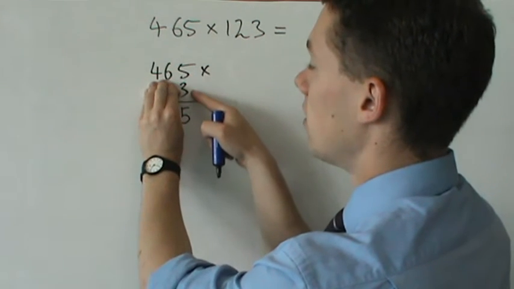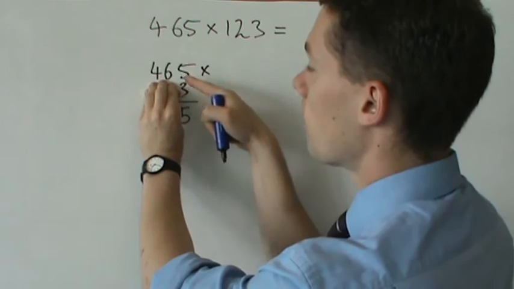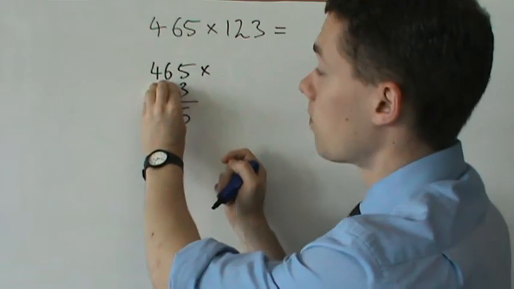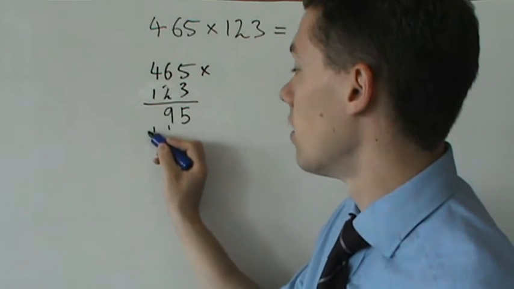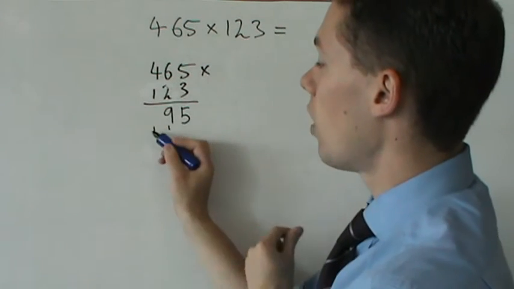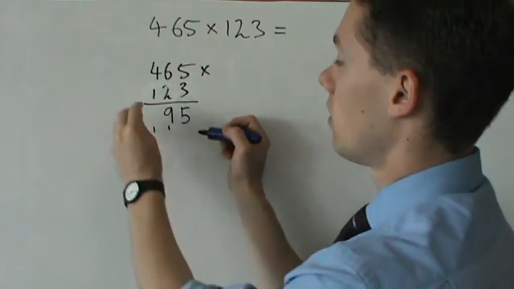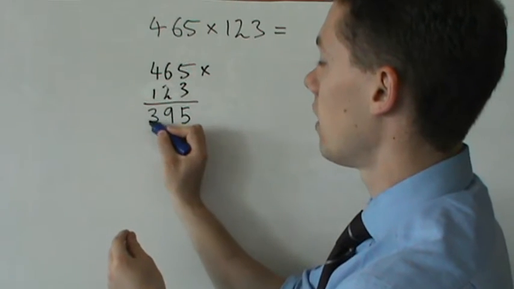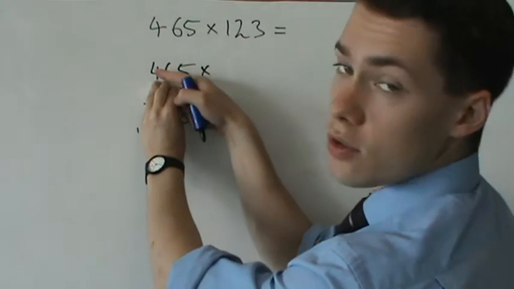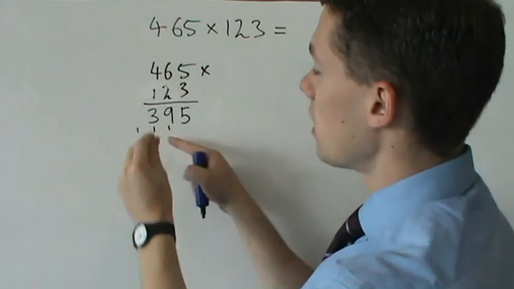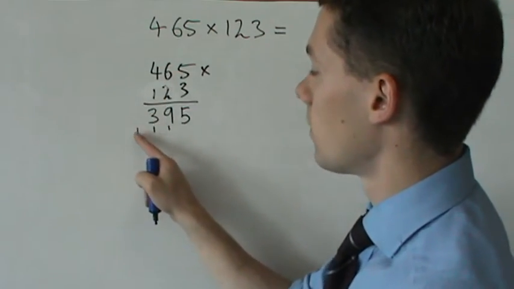Lastly, for this digit, we've got 3 times 4. 3 times 4 is 12, which I'm going to write here. But again, firstly, I add my remainder of 1. So 12 plus 1 is 13, which I'm going to write here, 3 there, and carry my tens. So 3 times 4 is 12, plus my 1 is 13.